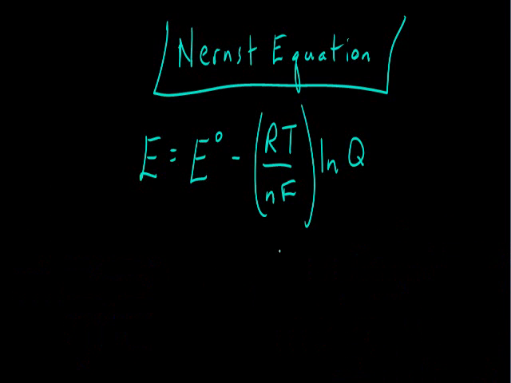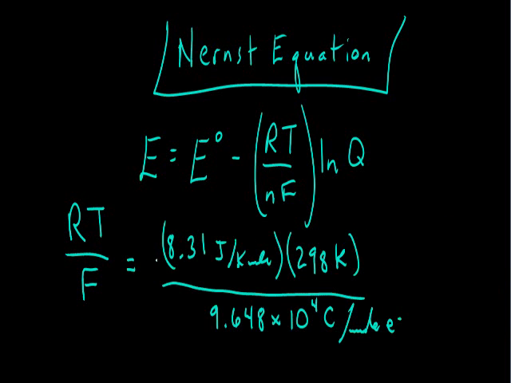One thing we can do to streamline the Nernst equation is if we're operating under essentially room temperature conditions, our values for RT divided by F will always be a constant. We can lump these together to create a single constant. Putting everything together, our R times T over F, multiplying and dividing out, we get a value of 0.0257 for R, T, and F combined together.